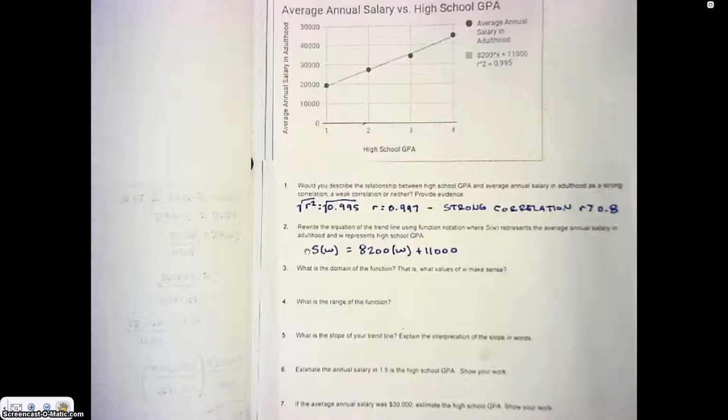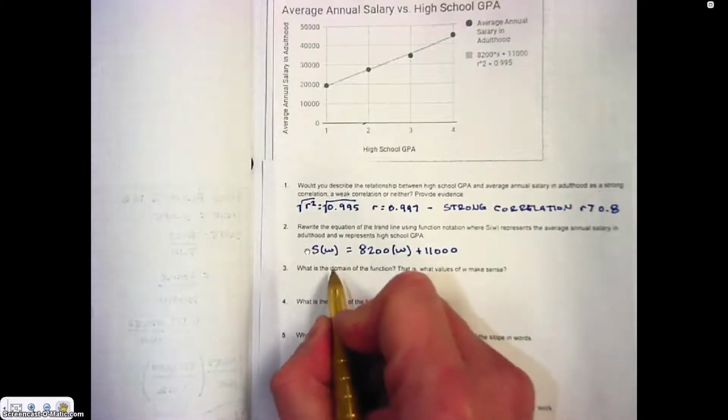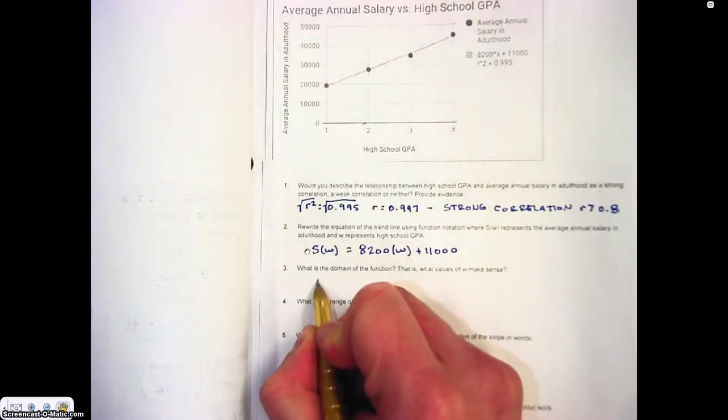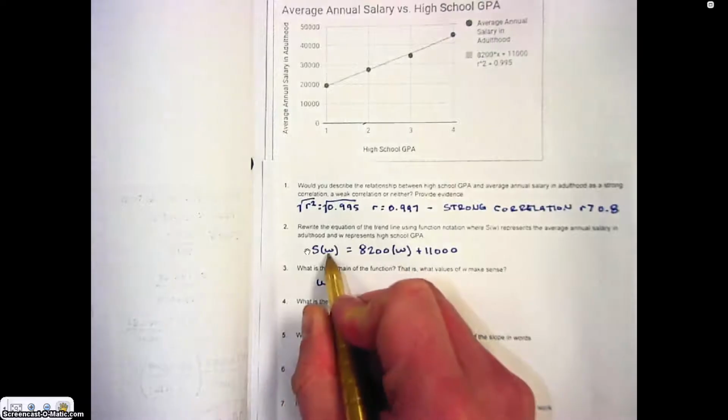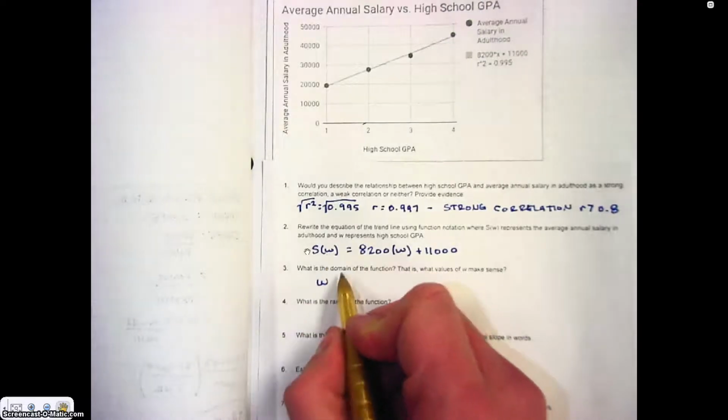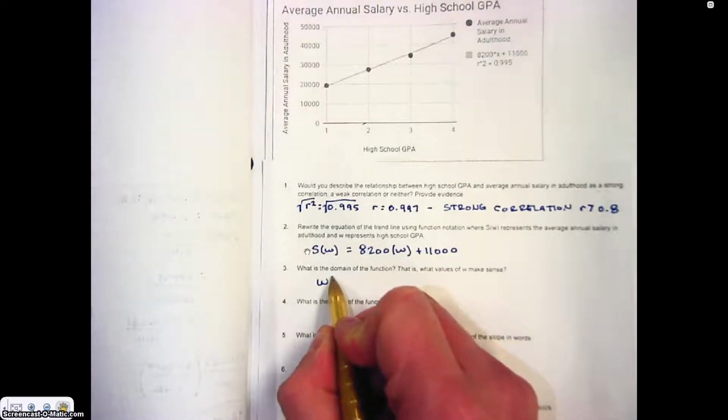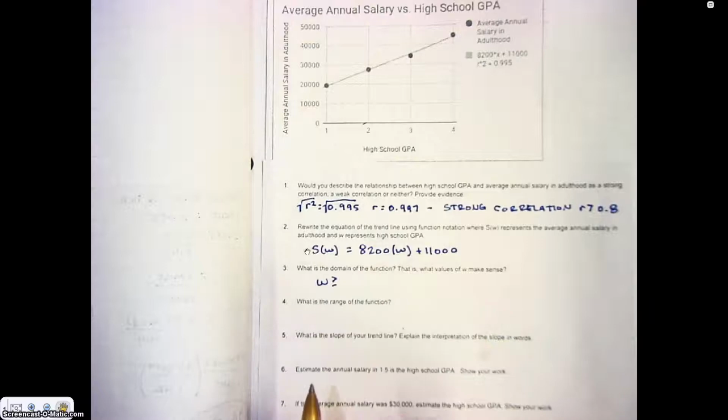Okay, question number 3, it says, what is the domain of the function? And so the domain, our GPA or W, has to be greater than or equal to what?